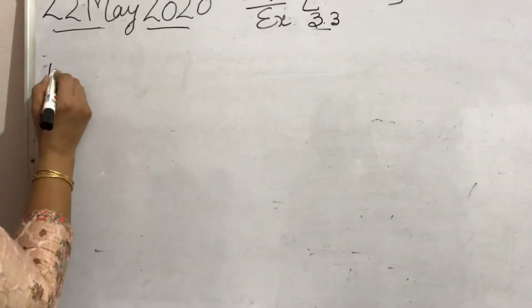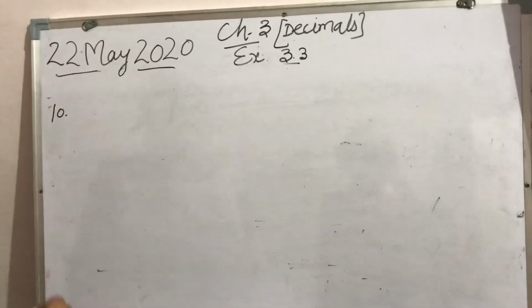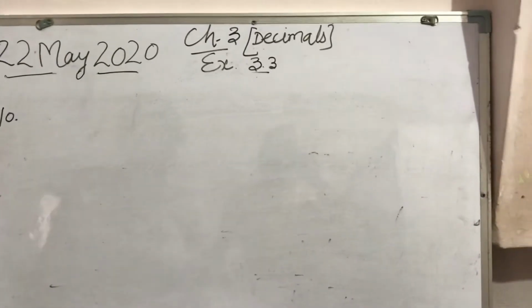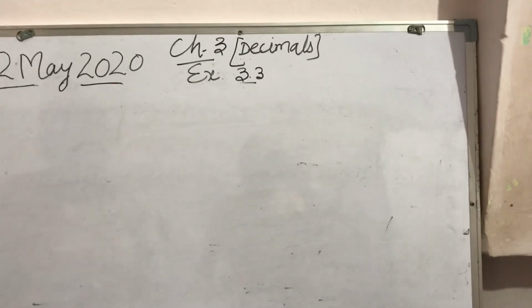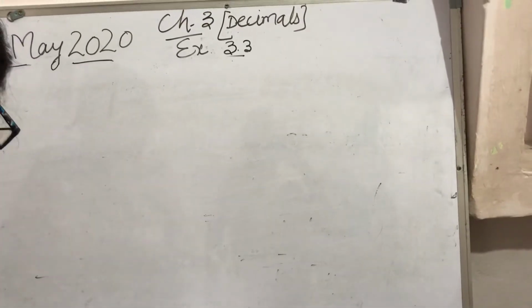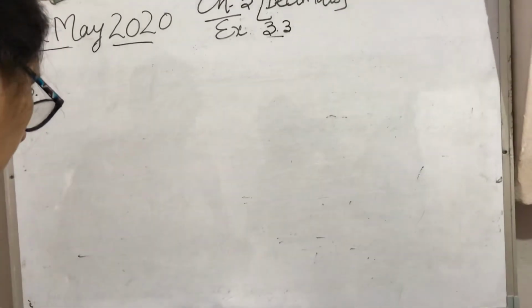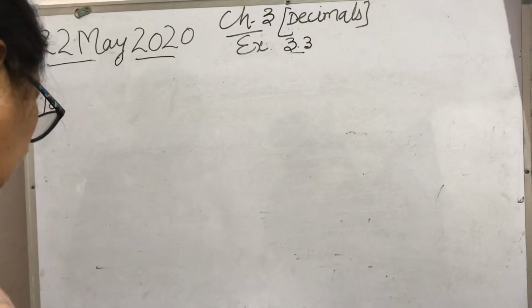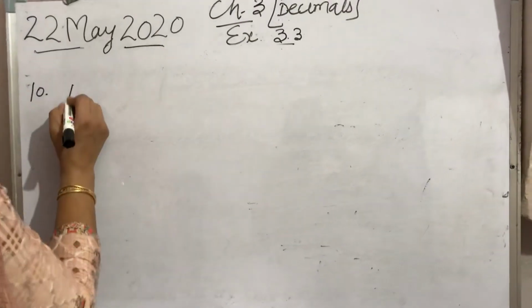Now the last question of this exercise, question number 10. The cost of 10.85 meters of ribbon is rupees 238.70, and find the cost of 1 meter of ribbon. Very simple.